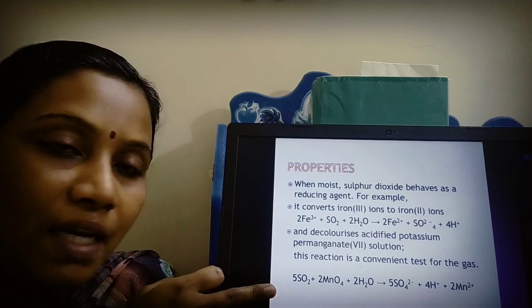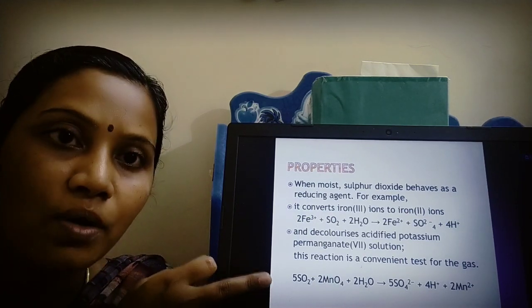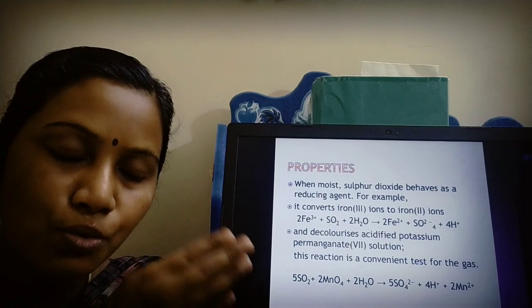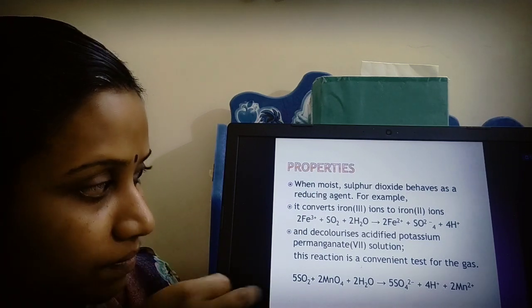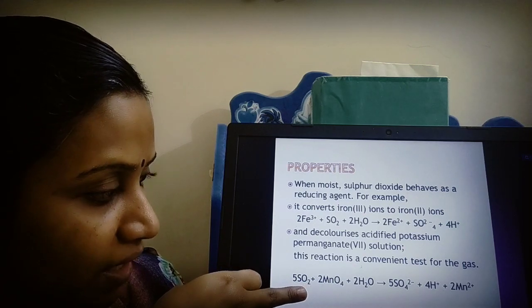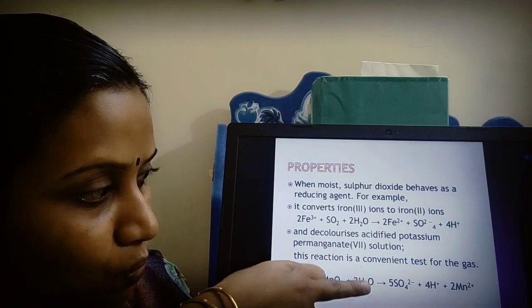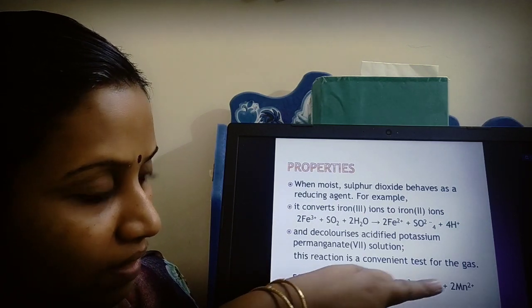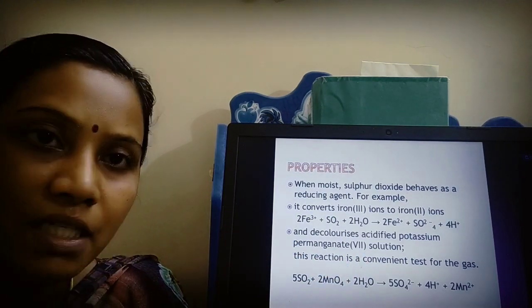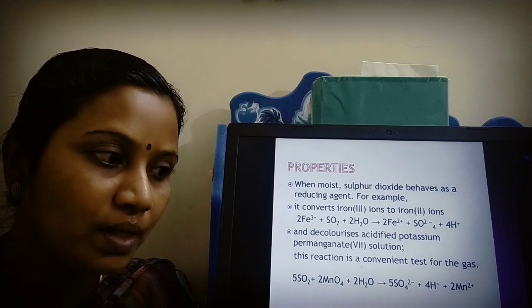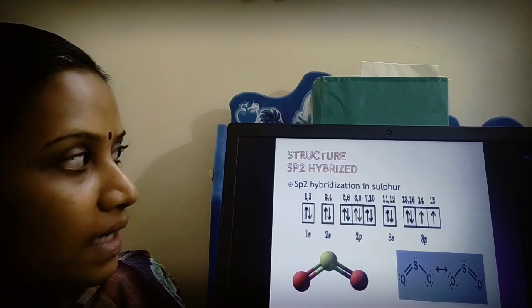This is a very convenient reaction to test the presence of sulfur dioxide, where sulfur dioxide, manganese oxide plus water give rise to sulfate, water and Mn2+. So it decolorizes acidified potassium permanganate solution, which is a convenient reaction to test the presence of sulfur dioxide.